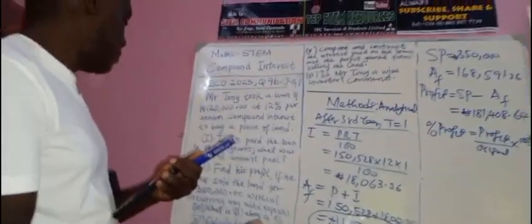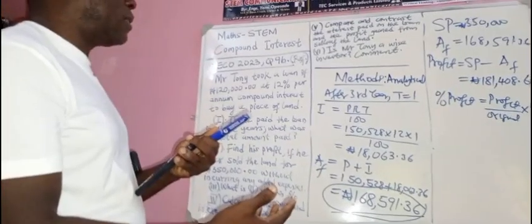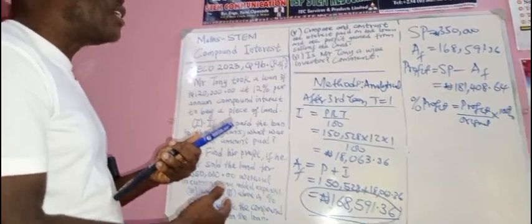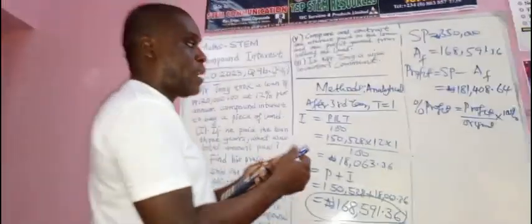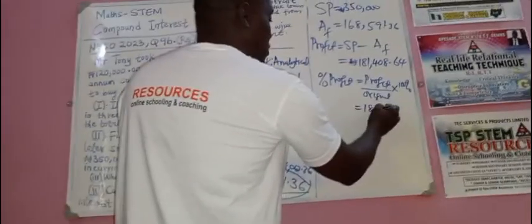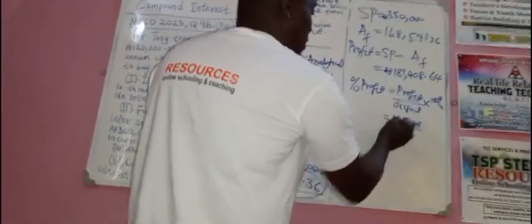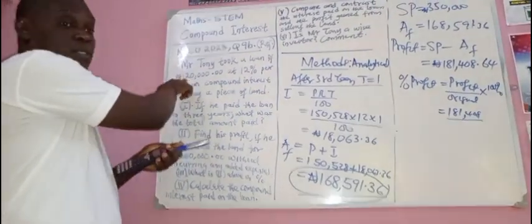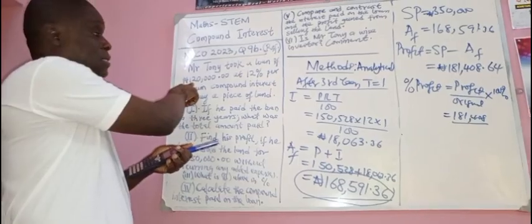What is the profit that we made from this transaction? The profit that we made is huge. So 181,408, that's the profit, from a loan of just 120,000.